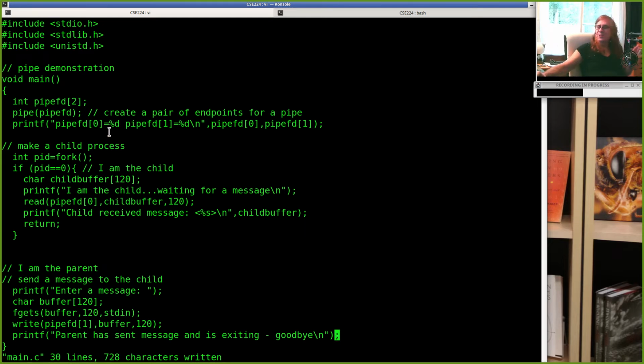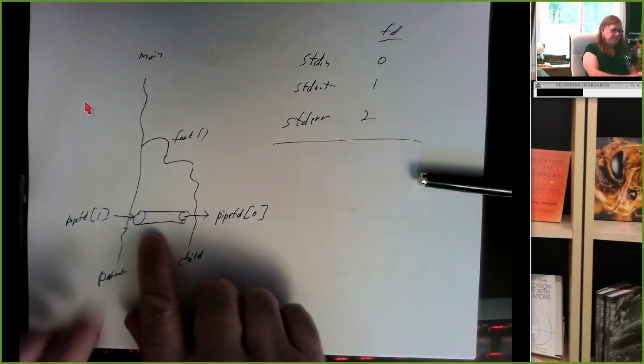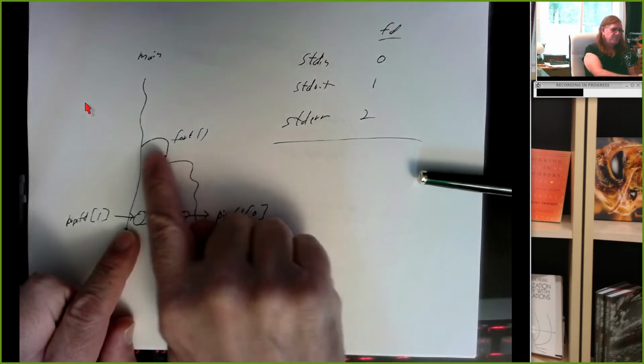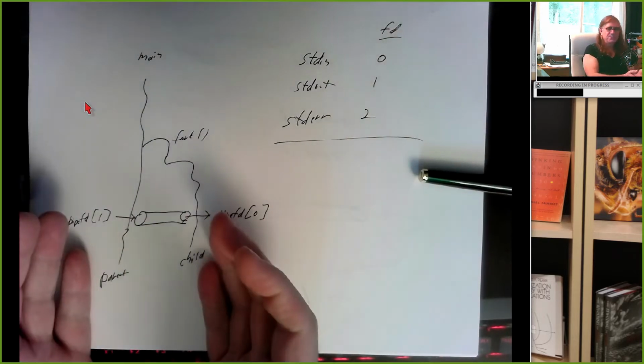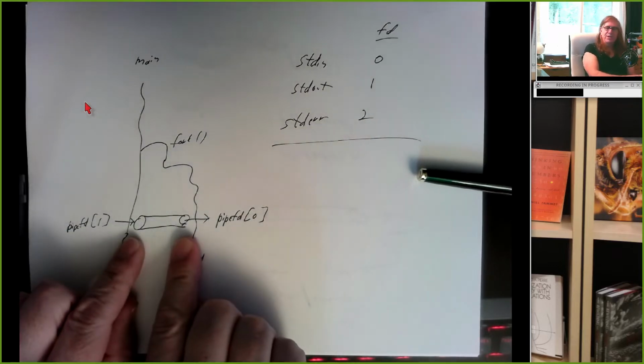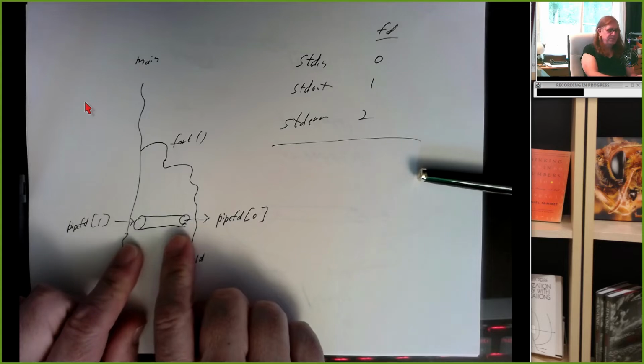Alright, so you got the basic setup here. We create a pipe, which is, you know, this conduit that has two endpoints. And we're going to do a fork, but when we fork, both of these processes will be identical, other than the PID, which means they'll both have access to this same pipe.